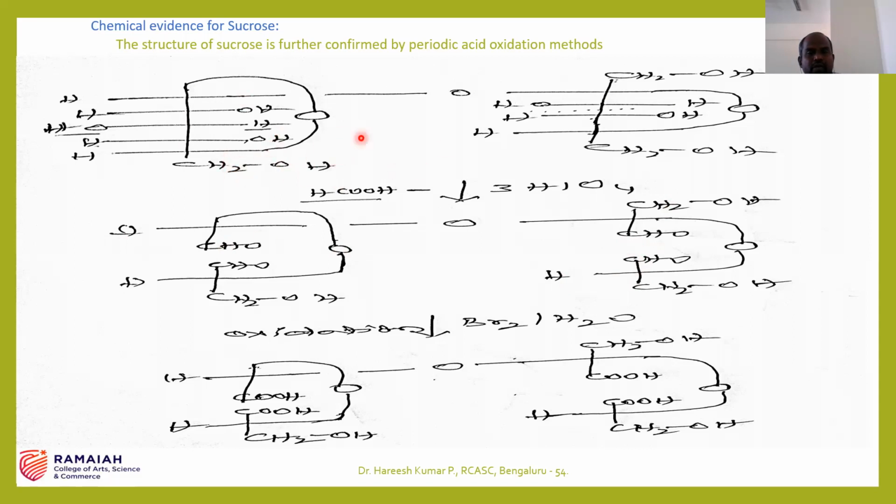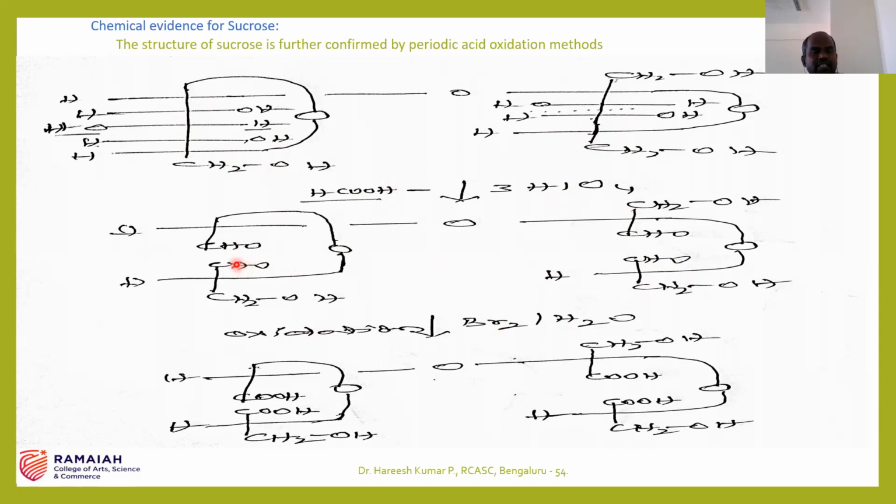So when alpha D glucopyranosyl, beta D fructofuranoside is treated with periodate, it will give you the tetraaldehyde intermediate with the liberation of carboxylic acid. This carboxylic acid is released from the glucose moiety, and the obtained aldehyde is subjected to oxidation using a mild oxidizing agent.